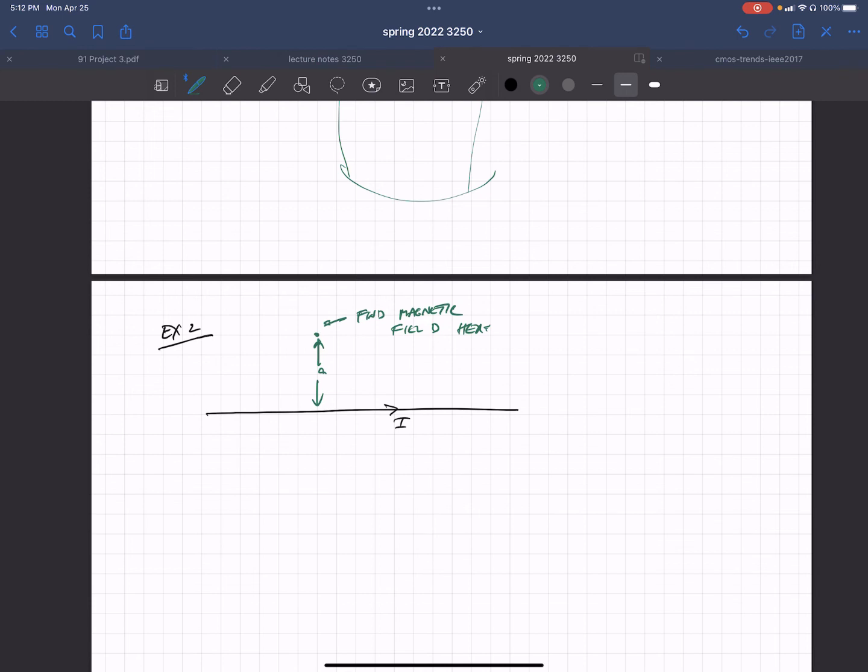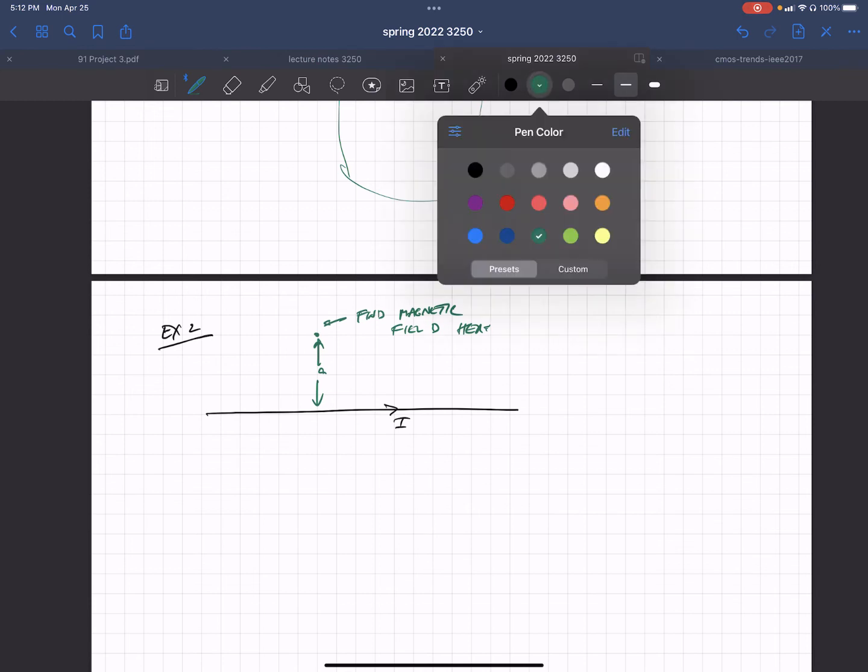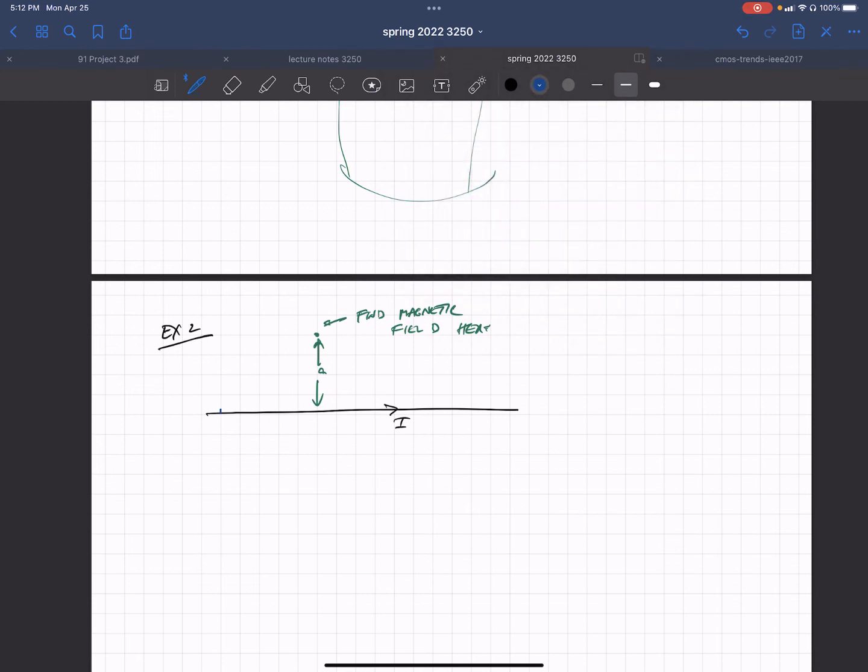Okay, so what we do is, very much like we did for electrostatics, we pick a length of wire, and we say okay, for that very tiny length, what is the distance, angle, etc. to this point? That'd be the theta.